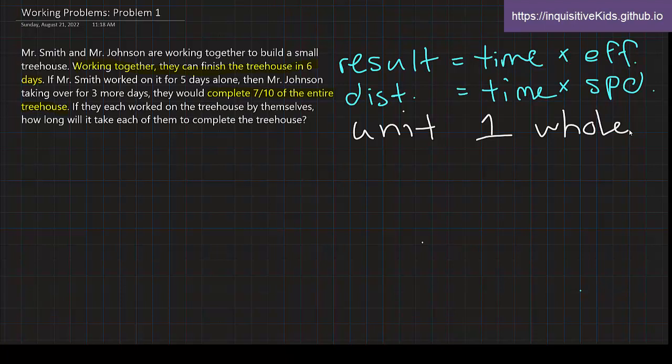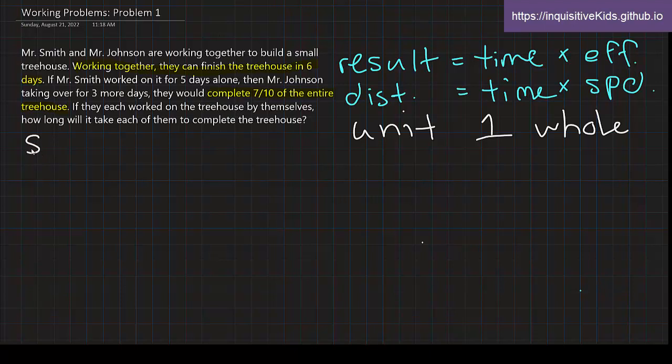So that 1 whole, in this case, would be representing the entire amount needed, the entire treehouse, right? Because we have fractions, we have times, but we don't have the total. We don't have this part right here. So in this case, the treehouse will be our whole.